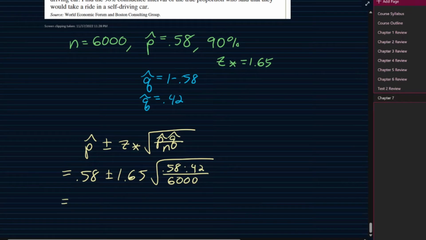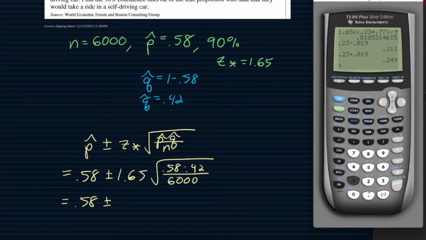So what ends up being this number on the right? Approximately 0.009.